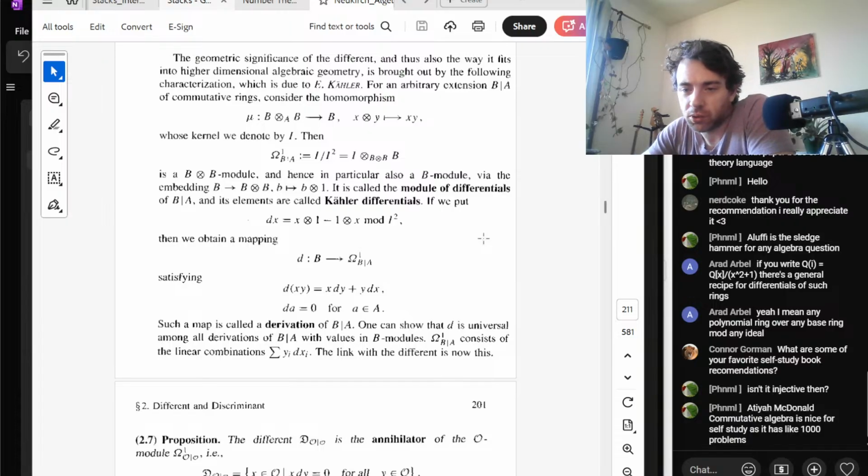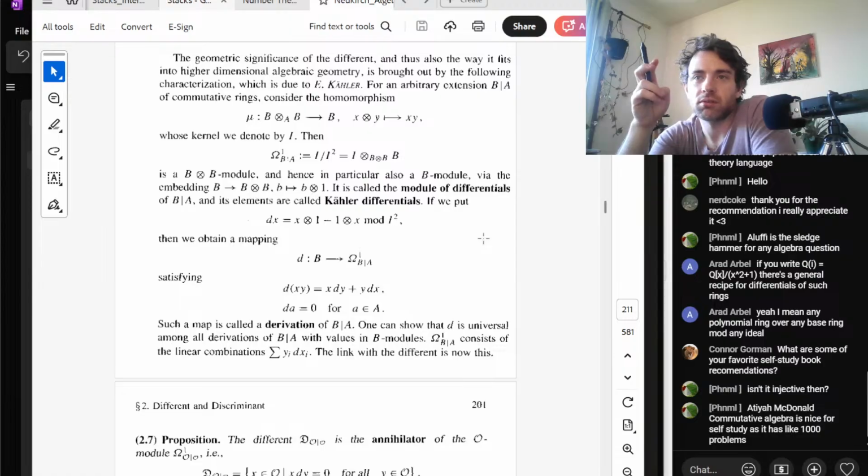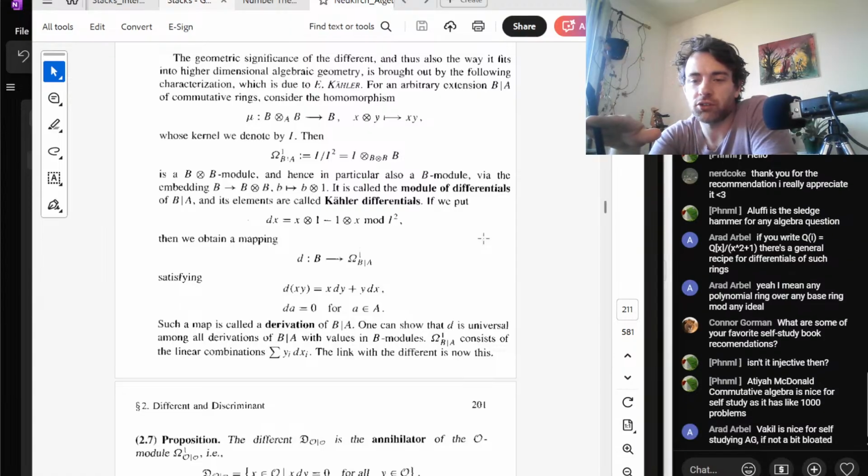Atiyah-Macdonald commutative algebra is nice for self-study. Yeah, that's true too. Actually, Atiyah-Macdonald does have a nice mix of, they put some things in the exercises, pushing things to the exercises.